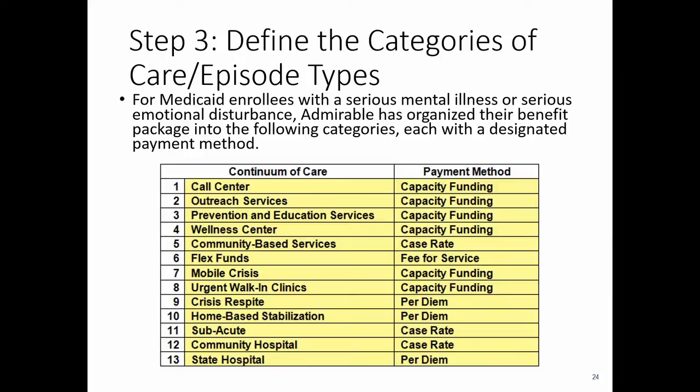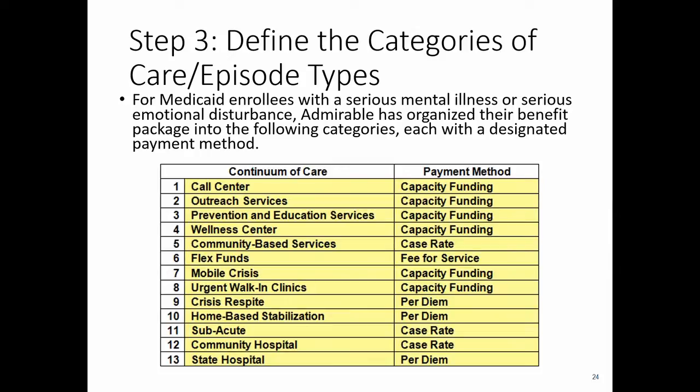We're going to have 13 service categories: call center, outreach, prevention and education, wellness, community-based services, flex funds, mobile crisis, etc. You can see the whole list.